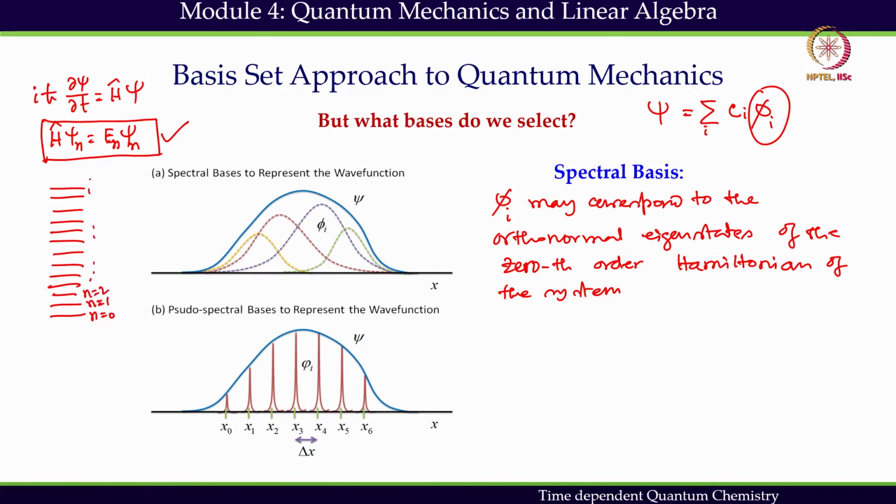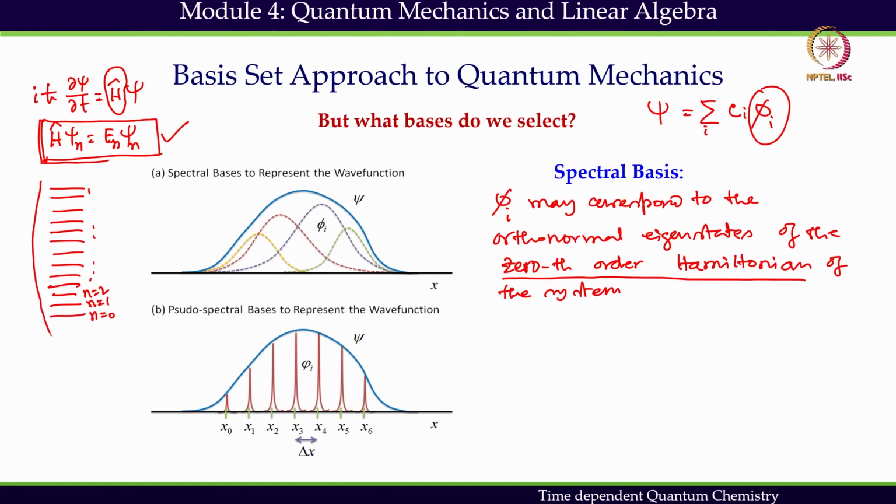Each one represents an eigenstate of this time independent Schrodinger equation, and that is what we call the zeroth order Hamiltonian: the Hamiltonian which doesn't include any external potential. It is just the Hamiltonian of the system. For a particle in a one dimensional box, it is then just the kinetic energy operator.